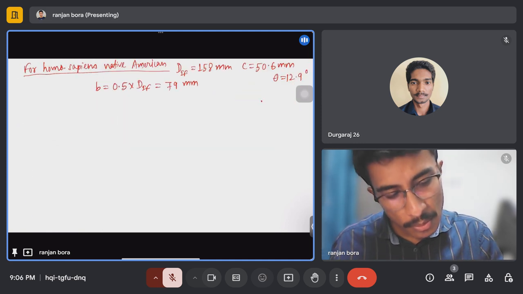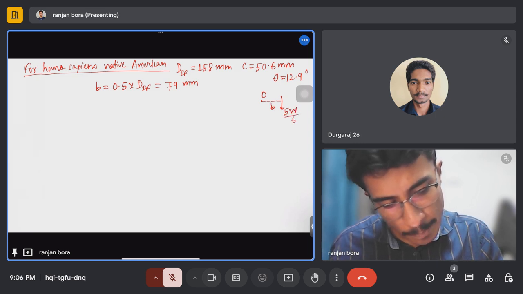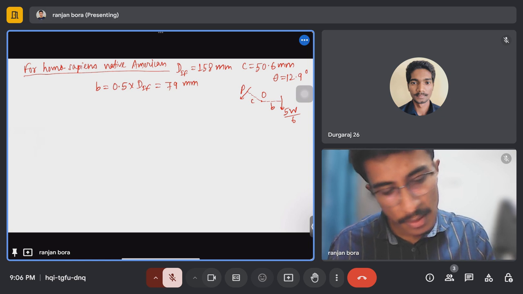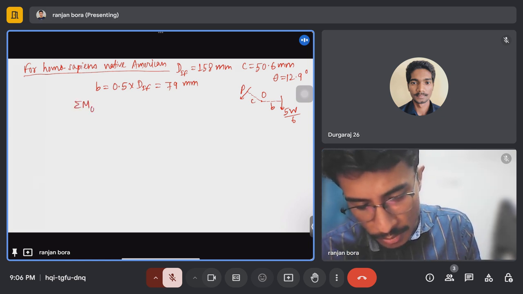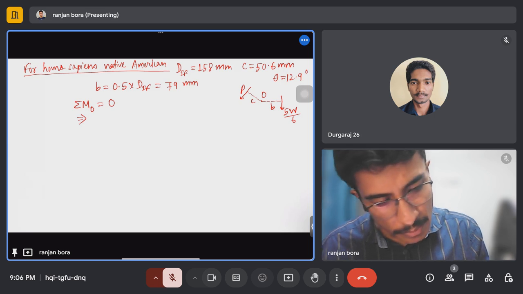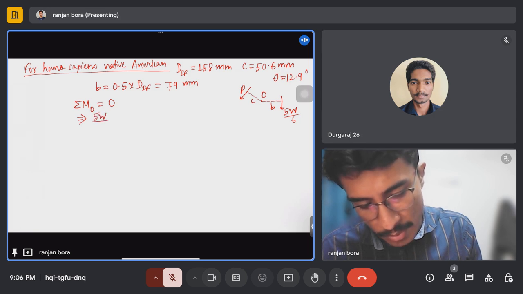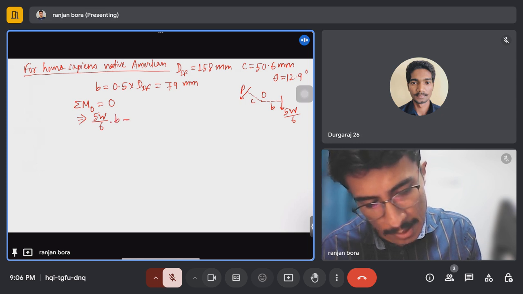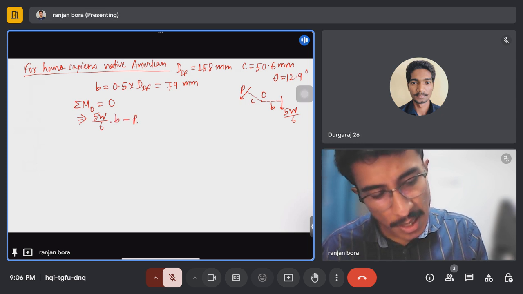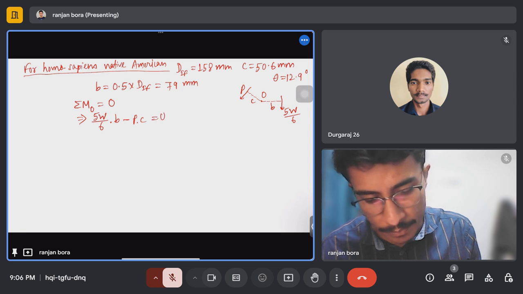Again, I will do the moment equilibrium about O. This is 5W by 6 at the distance B, and this is force P at the distance C. Moment equilibrium about O will give us 5W by 6 creating a clockwise moment, so I will take clockwise as positive. 5W by 6 multiplied by B minus P is causing an anti-clockwise moment about O, so P times C equals 0.